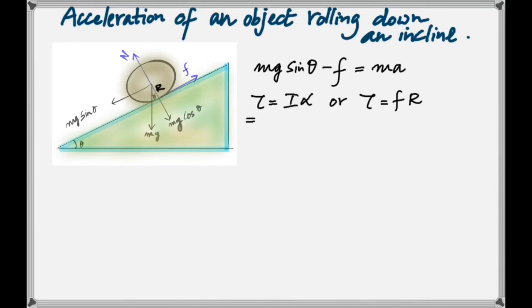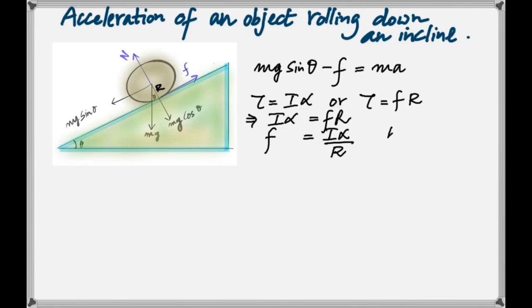Now, the center of the sphere is the axis of rotation. Since we have two formulas for torque, we can set them equal to each other, from which we can get an expression for friction, which is going to be f equals I alpha by r.